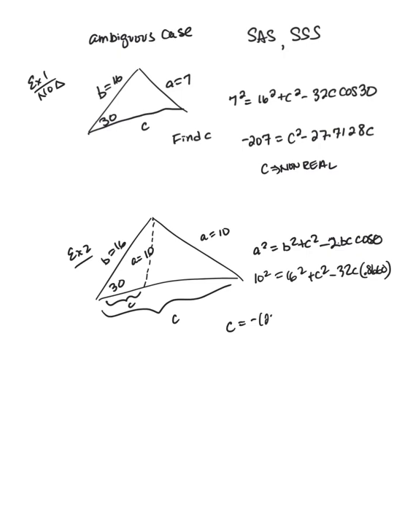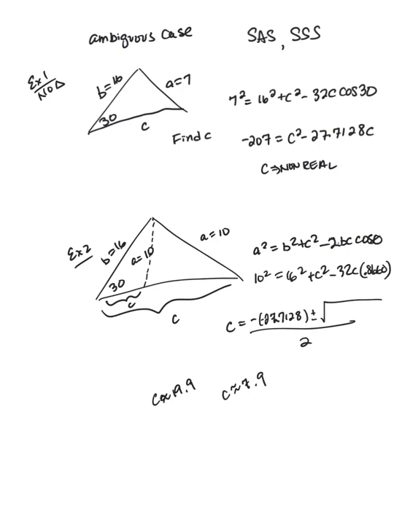B is going to be this negative 27.7128 plus or minus, and then you're going to have this whole square root all over 2. You can try filling that in. All right, and then you can ask me in class if you guys get stuck, but you'll end up with 19.9 approximately, and you'll end up with 7.9, which are 2 separate triangles.